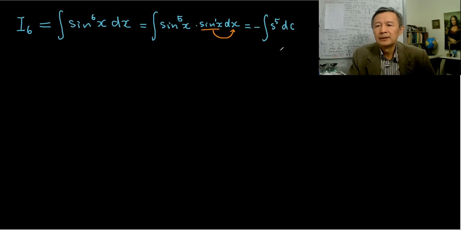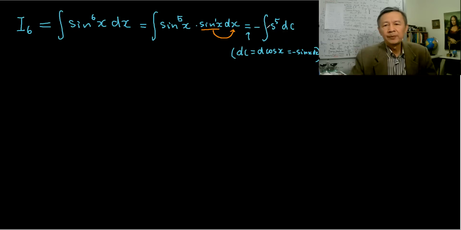Do you know why? If you still don't know, I'll give a hint. In our case, dC is equal to d cosine x, which equals negative sine x dx. That is the reason why I did so.